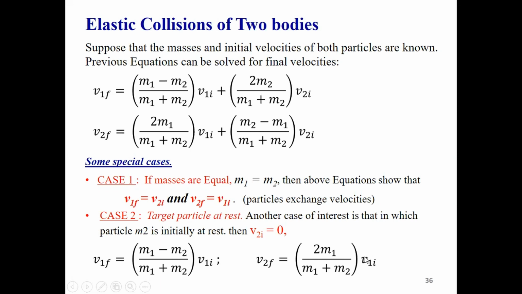So if one particle is at rest and the colliding particle's mass is equal, then the colliding particle will replace the place of particle number 2, and particle number 2 will be moving with the velocity of particle 1.